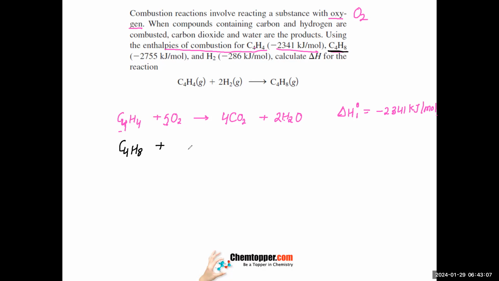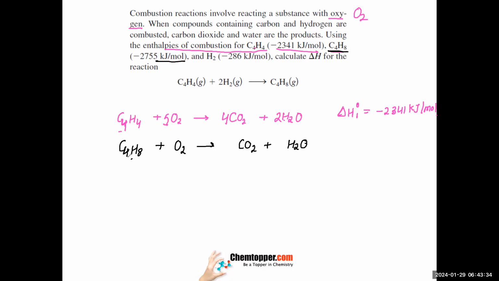What should I write here? Second reactant. O2. It's a hydrocarbon. Hydrocarbon means hydrogen and carbon only. All hydrocarbons undergo combustion to give CO2 and H2O. Balance the equation, children. This also must be for 1 mole of this compound. It should remain 1 mole.